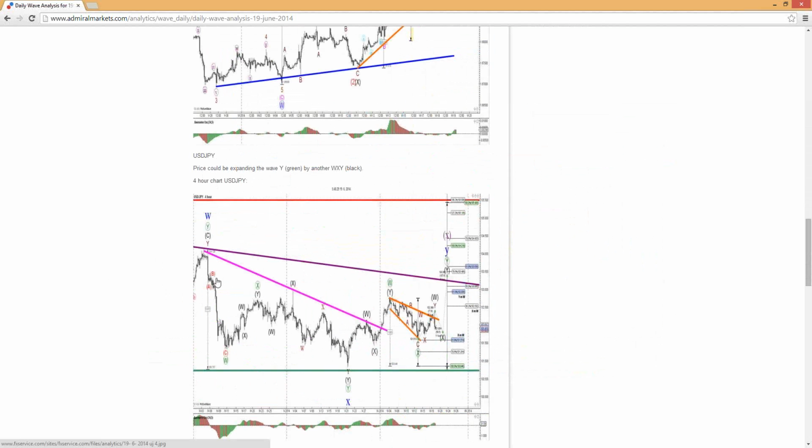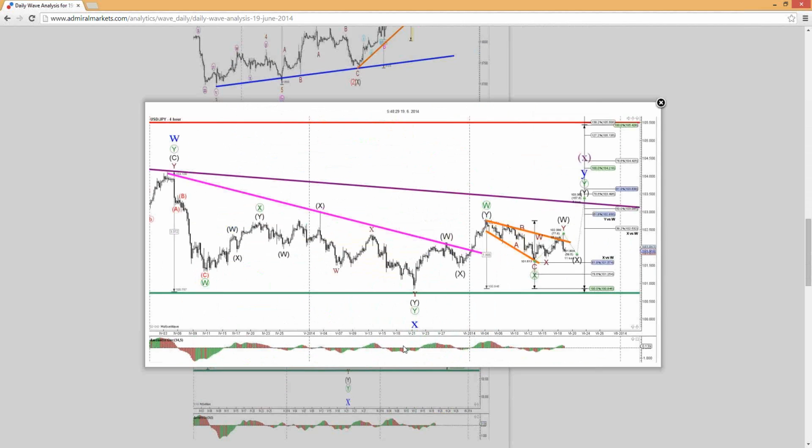The dollar yen is a headache, very simply put, because it's such a big consolidation that you have a lot of corrective wave counts, a lot of ABCs, a lot of WXYs. So far, those wave counts have not done too badly, which is good, despite the fact that corrections are more difficult.